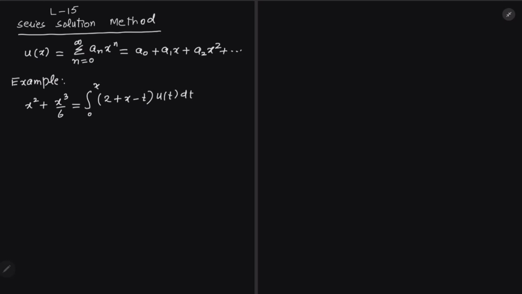This is an integral equation, and this is an integral equation of the first kind, and this integral equation is also called a Volterra integral equation. This is equation 1, this is 2. So what we do, we put equation 1 into 2.